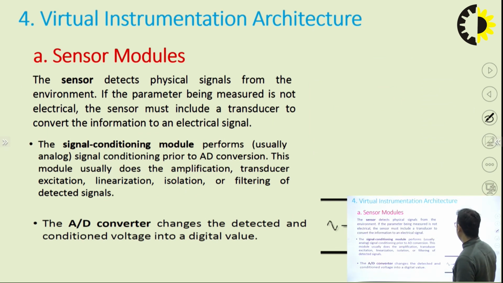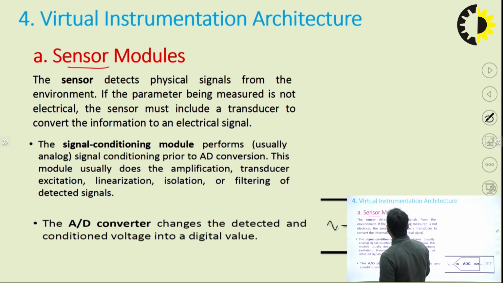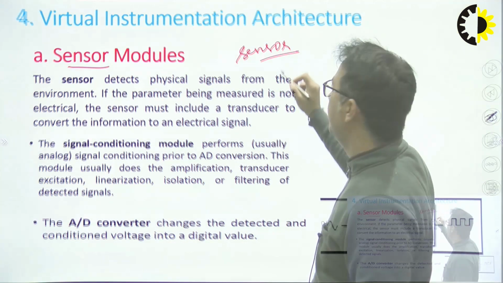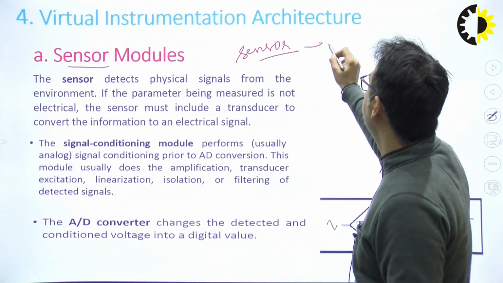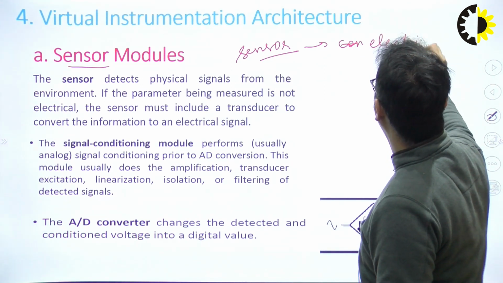So first of all, the sensor module. As its name suggests, everywhere the first or prime part of any instrumentation is always a sensor. And a sensor is a device which detects the change in any physical quantity and converts that quantity into an electrical signal.